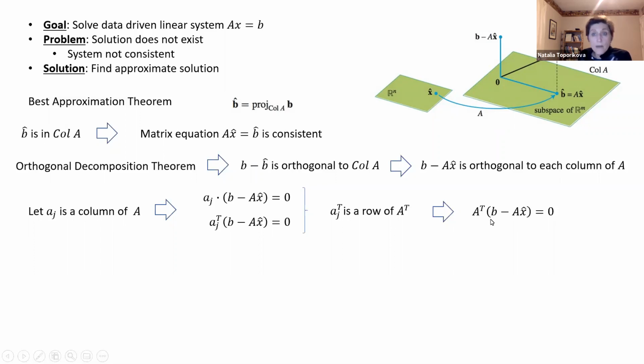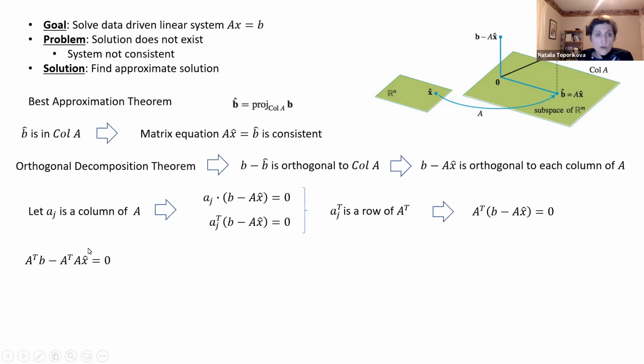Okay, so we modified the equations. Now let's use the matrix properties to factor in the transposed matrix A. We multiply the transposed matrix by the first term b, and multiply the transposed matrix by the second term A x hat, and it still equals 0.